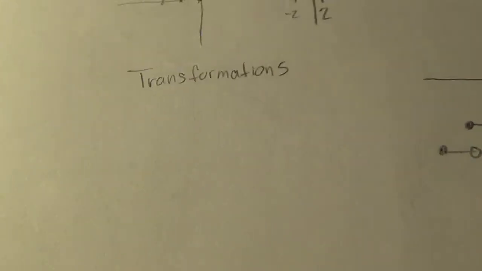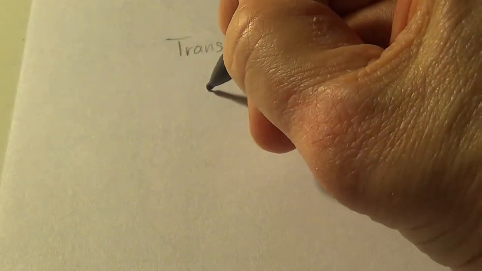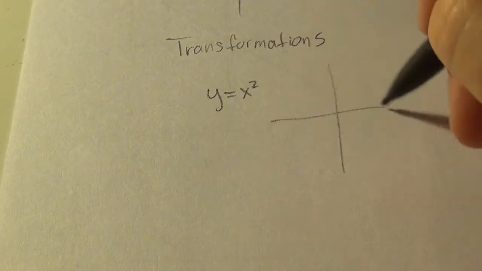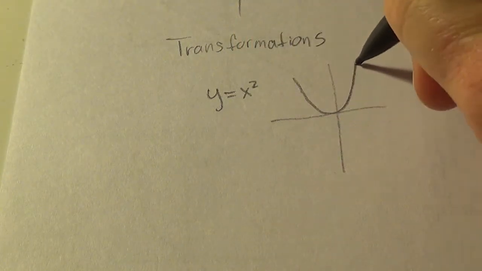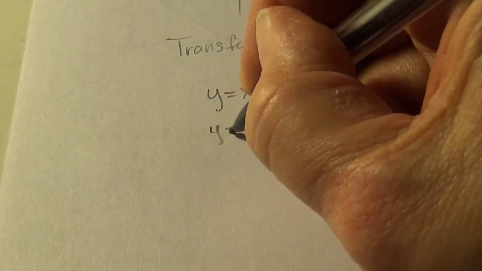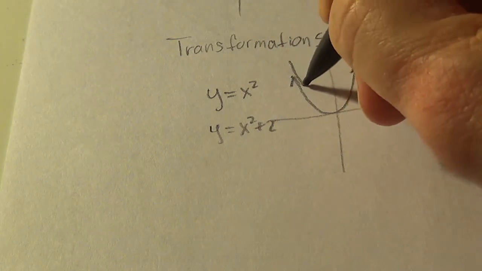And transformations are what we've seen before when we were studying the exponential functions and the logarithmic functions. We transformed those, so it's no different. So suppose I have y equals x squared. That's the smiler. And if I add a number to the whole function, it raises it up 2.